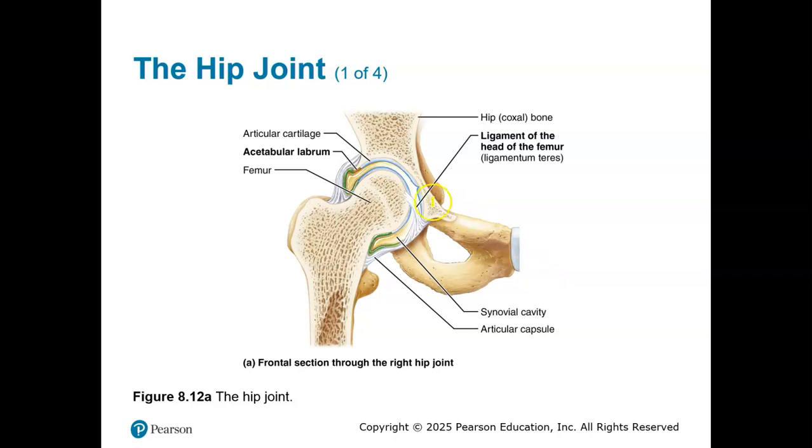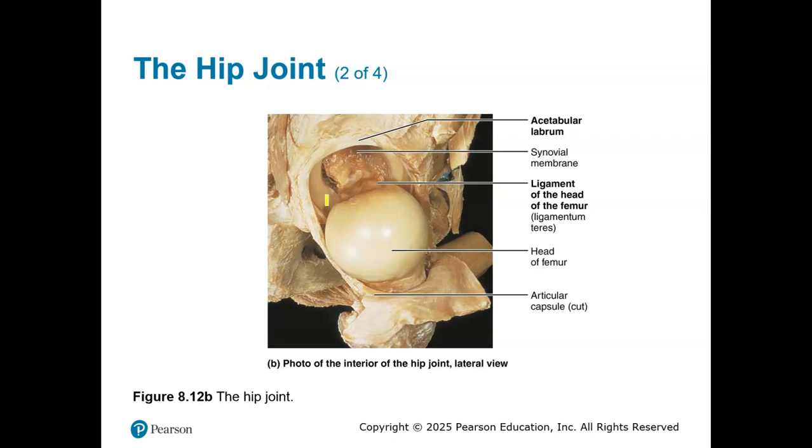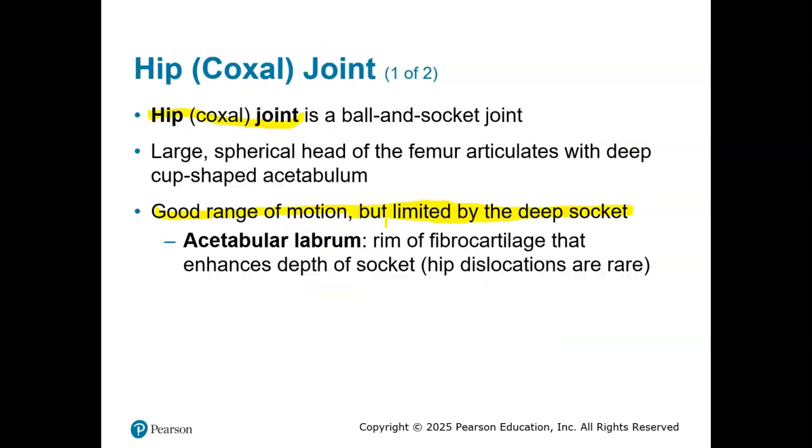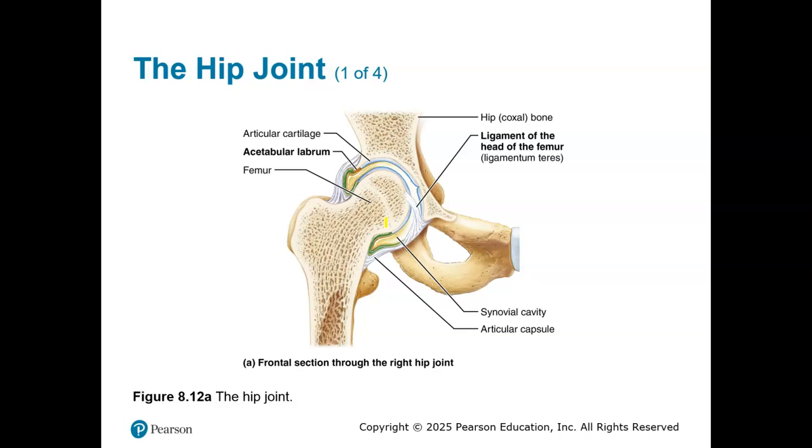So looking at the hip joint, it's hard to see it from this view. Okay, here you go. This is the real thing. So this is the head of the femur, and the head of the femur fits into this cavity called the acetabulum. It's just a socket, remember we were talking about this.